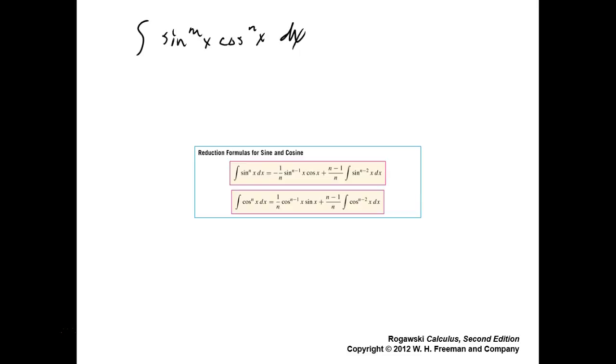The easiest case is when at least one of m or n is odd. So that's what we're going to do first.